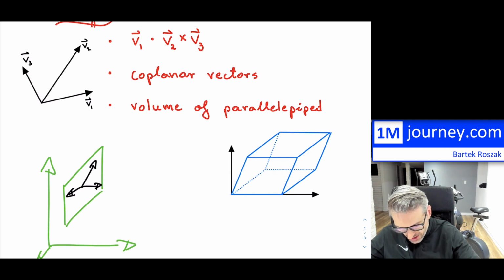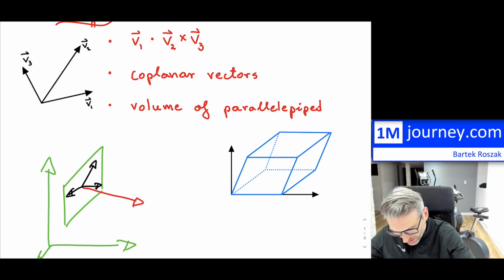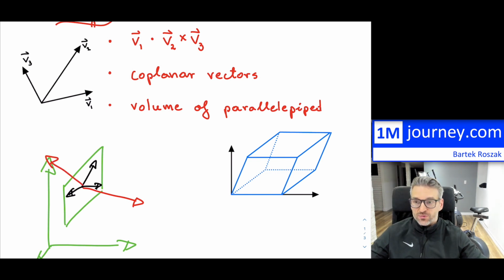The cross product between 2 vectors, so let's say we choose this vector and this vector, and then take the cross product. We would have found a vector which is perpendicular to both of those vectors. It's either coming out of this, creating our plane, or it's going back. It doesn't really matter.